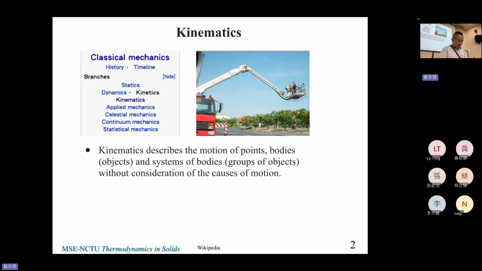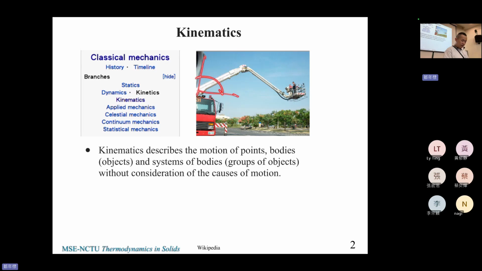What does that mean? It means that you only consider, for example, this truck with the robotic arm. The robotic arm has degrees of freedom, how it rotates, and how long it is. So you can calculate the motion of a point, maybe point A, where can A go?